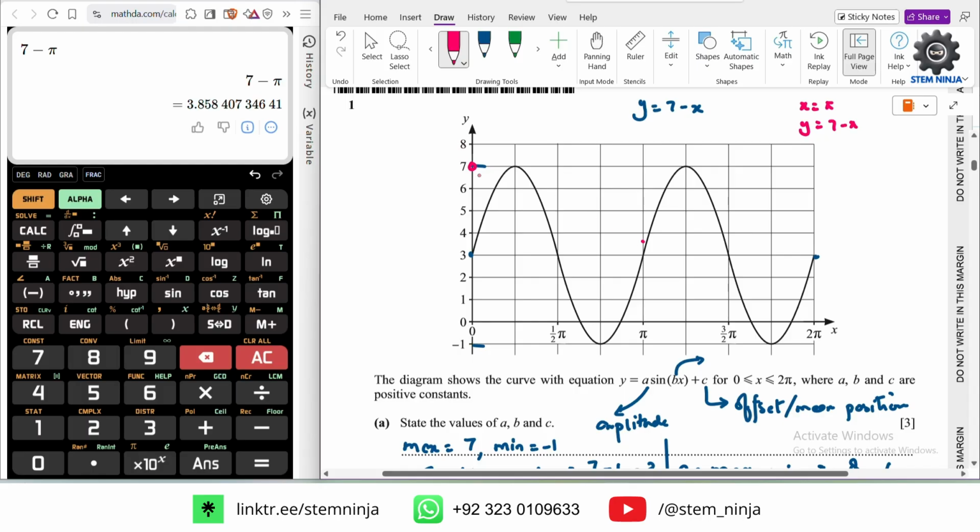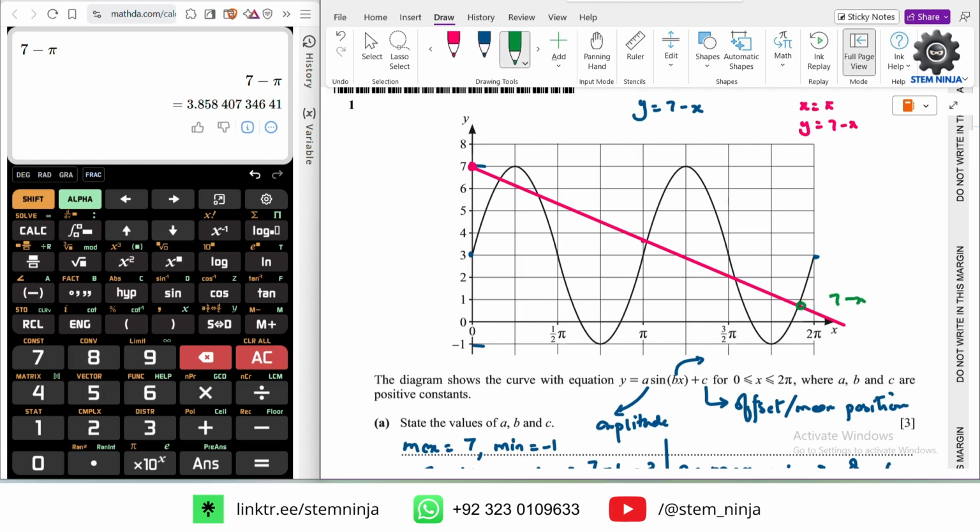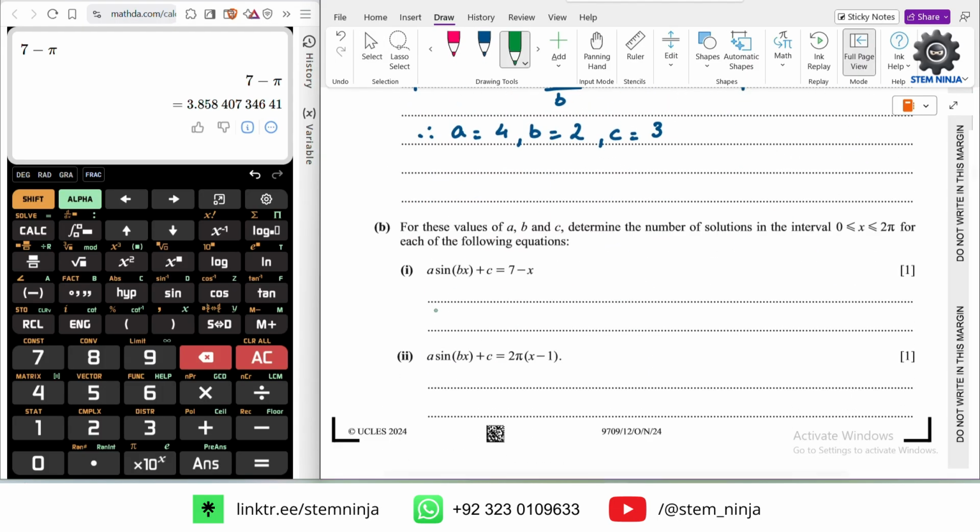So I think we can draw the line almost like this. So 7 minus x will have how many solutions? We have 1, 2, 3, 4, 5. So 5 solutions.